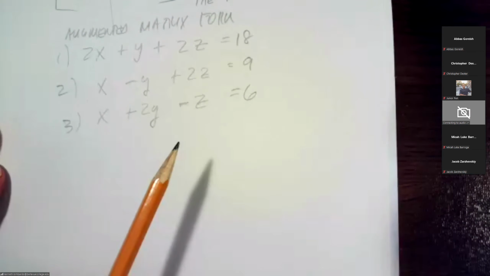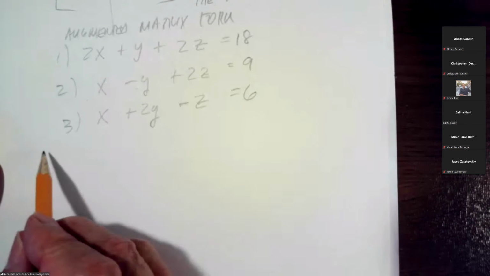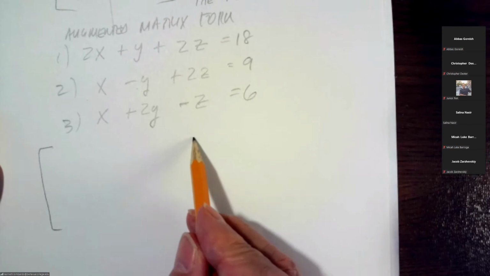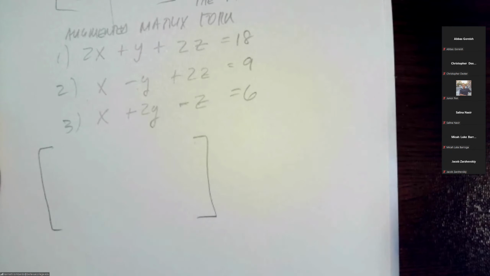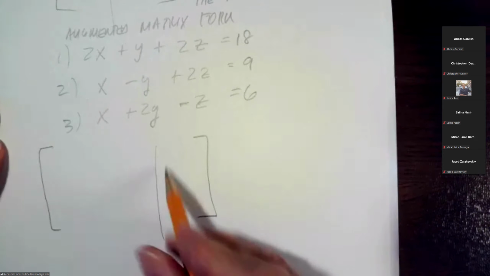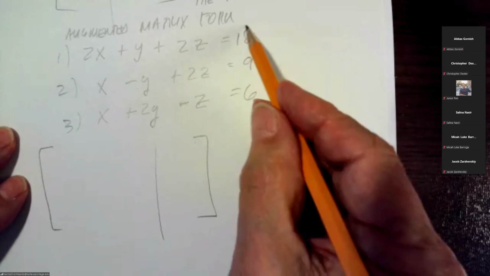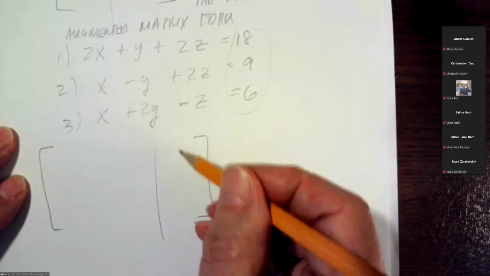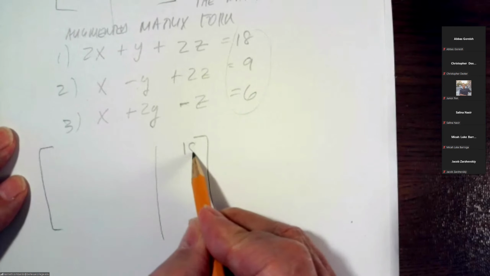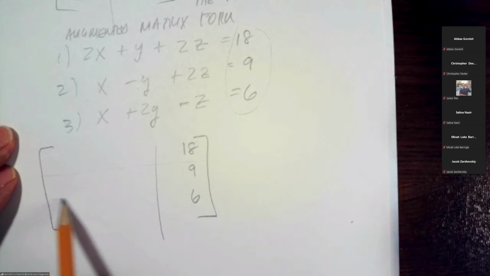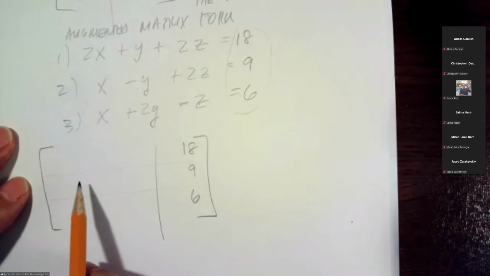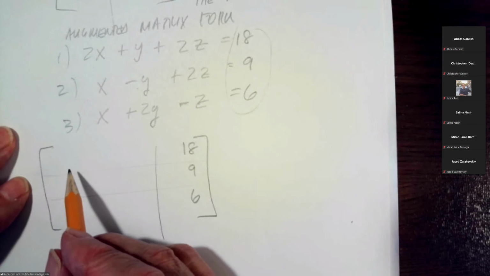Say we're given these 3 equations, and I load them into an augmented matrix. So I'm going to say, here's my matrix here, and I'm going to draw a line here, and I'm going to say the constants go on the right side of the line. So I'm going to say 18 and 9 and 6, and I'll just put some light lines there so that I can put my values in.